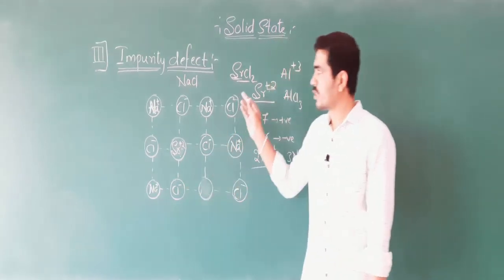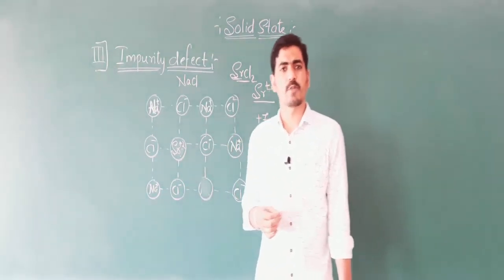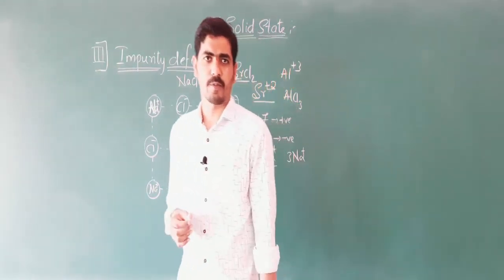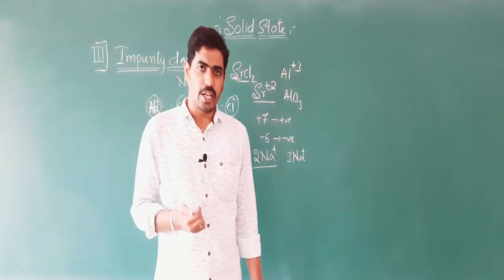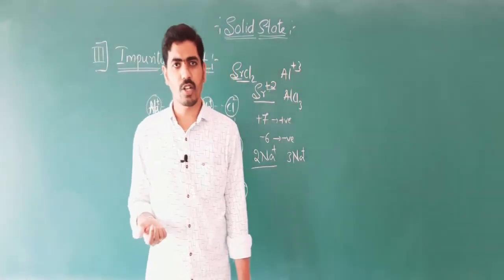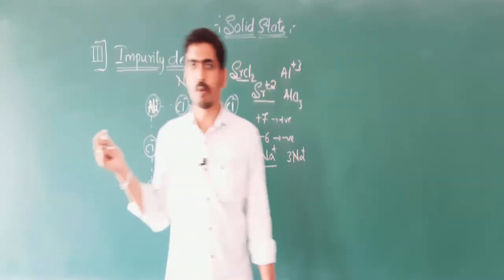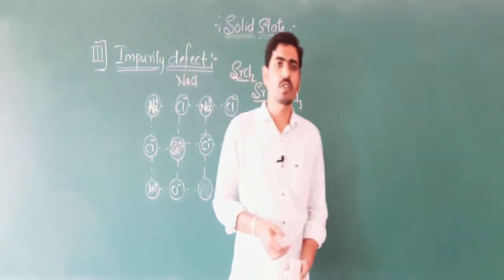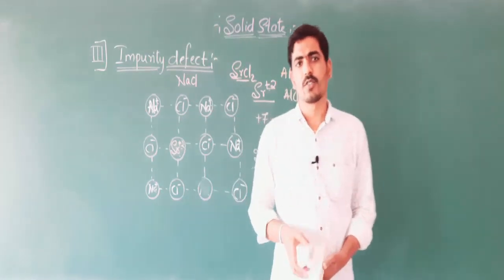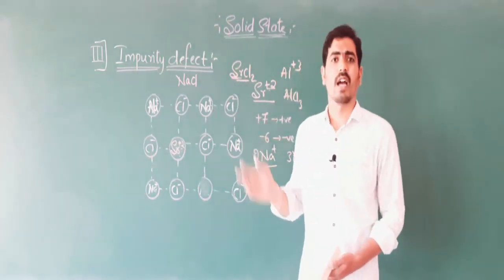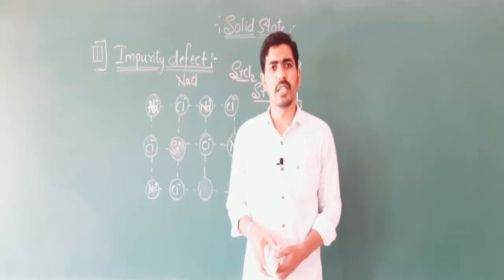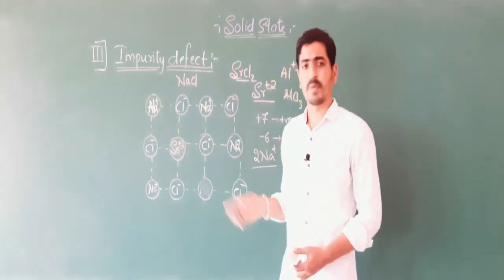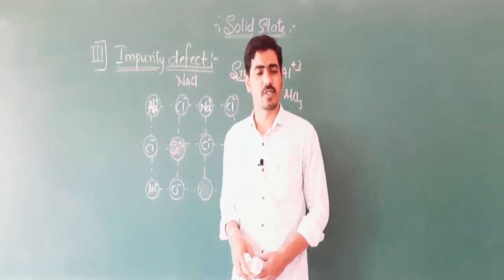Okay, so these are the 3 different types of crystal defects: stoichiometric defect, non-stoichiometric defect, and impurity defect. These are very important concepts in the solid state. So just remember these things and try to read all the concepts that you have learnt in this solid state.